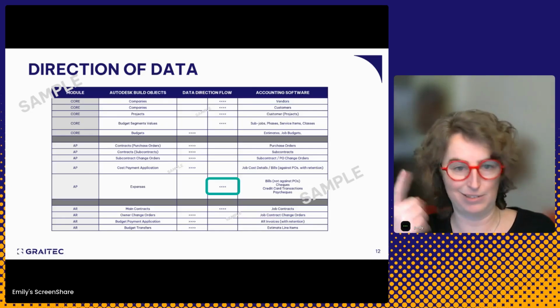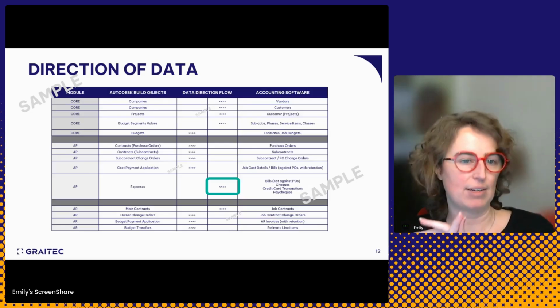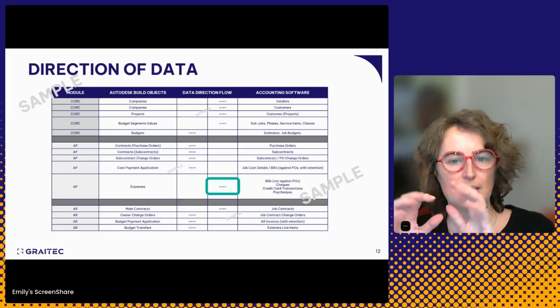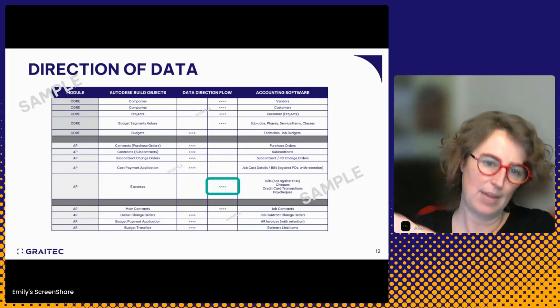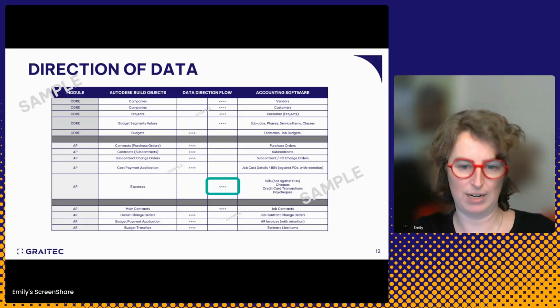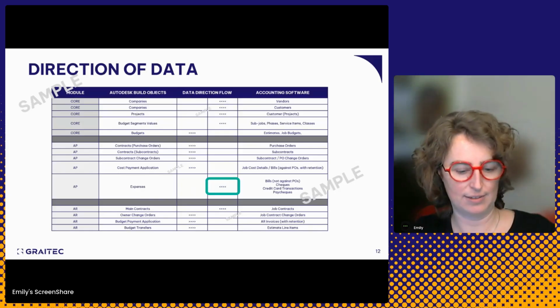It does not handle your timesheets, your paychecks. That's an accounting software. So we generate an expense for that in the accounting software, and we push that into Autodesk Build when it's ready. And Build just tracks that against the project, so you have an accurate sense.